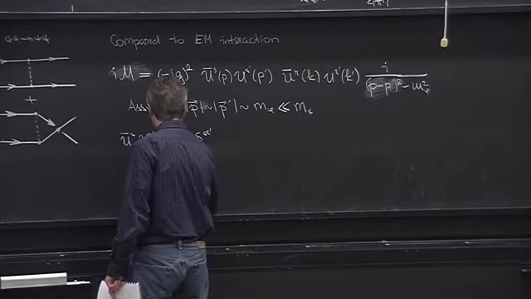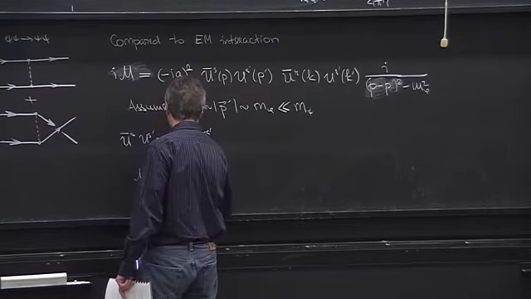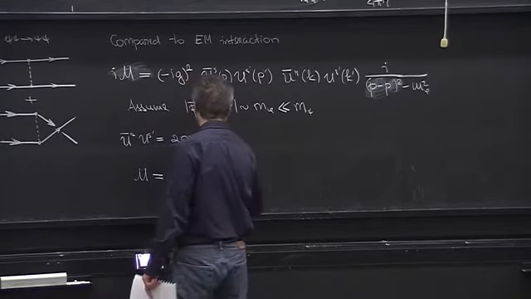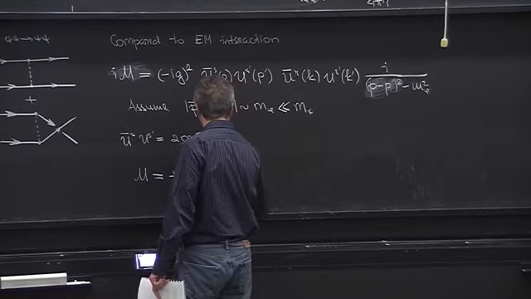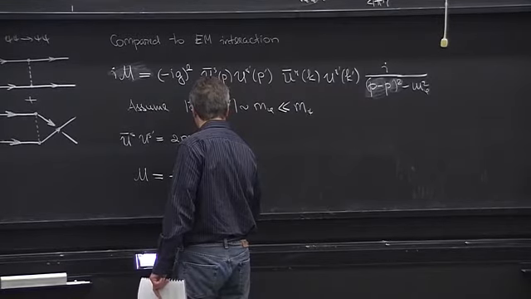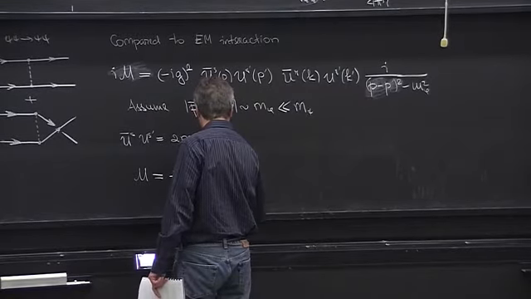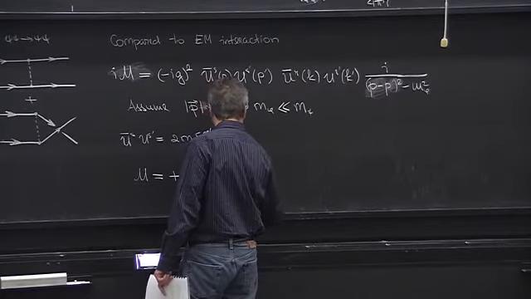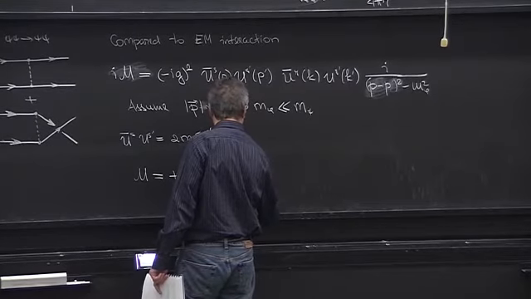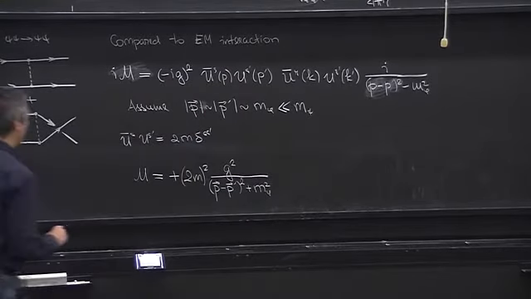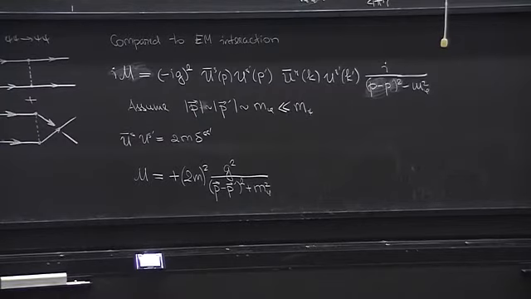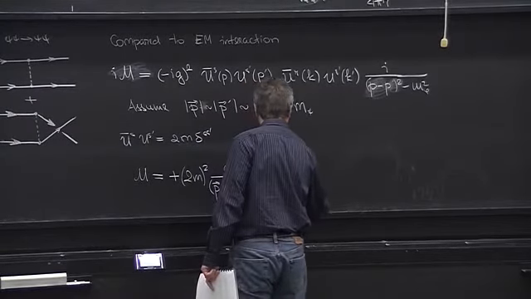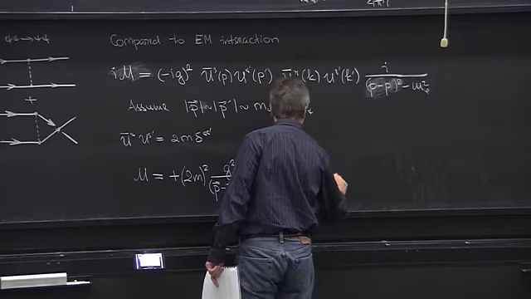But the formula in Yukawa theory will be with the plus sign, times the spinor delta functions.